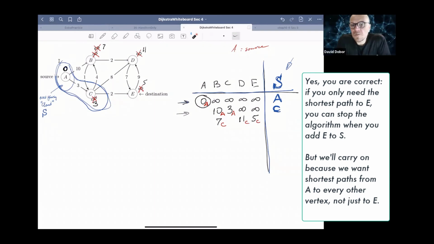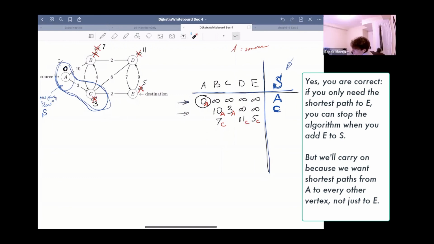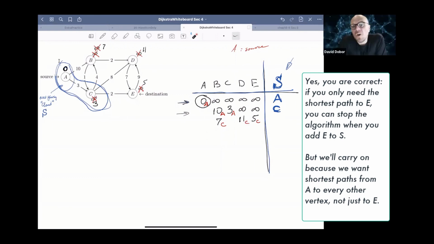Yes, there are usually many paths, right? But did you notice how the algorithm keeps eliminating some possible paths? We're not looking at paths that along the way will not be the shortest ones.